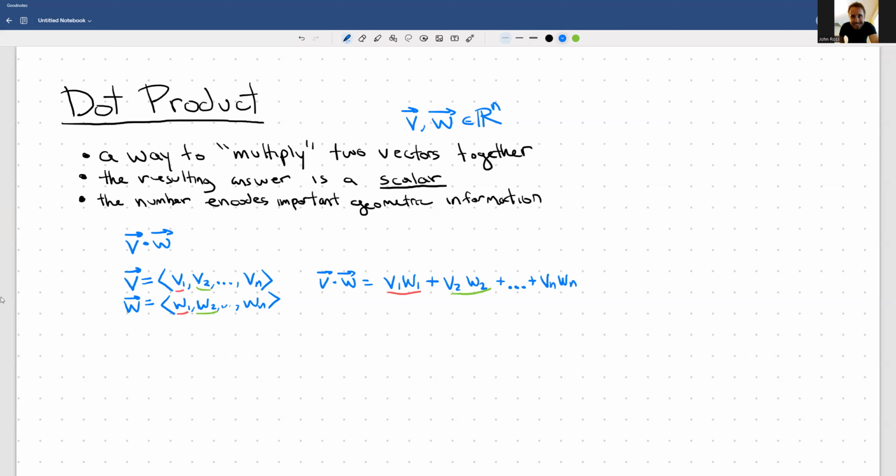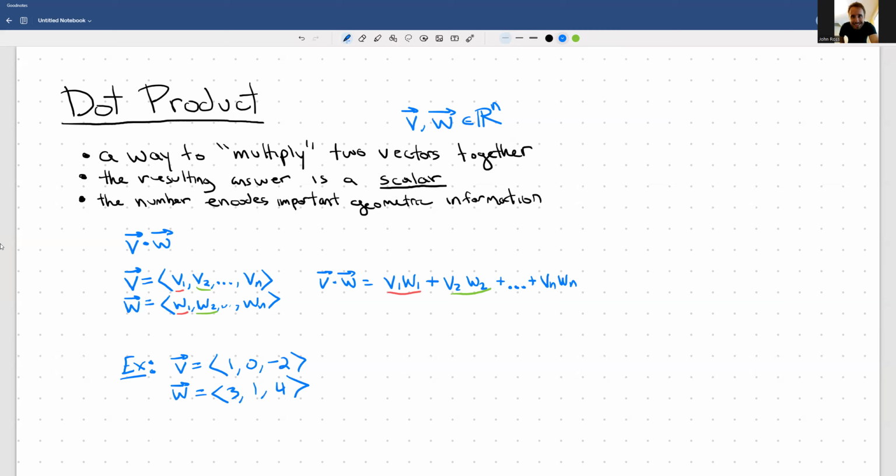To see an explicit example of this, let's keep it pretty simple. Let's say these are three-dimensional vectors. So v is the vector 1, 0, -2. And w is the vector 3, 1, 4.